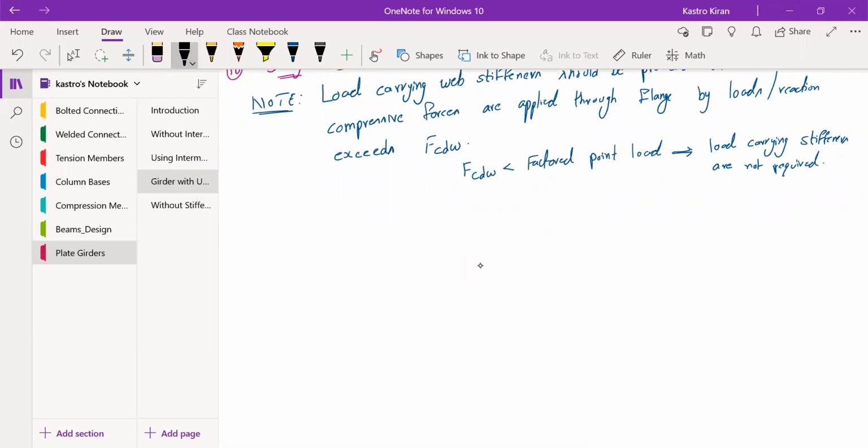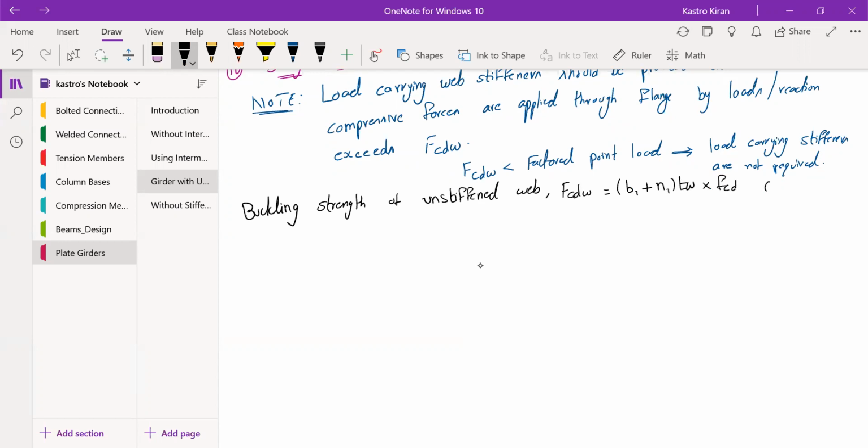So the buckling strength of the unstiffened web is given by FCDW equals B1 plus N1 into TW into FCD.